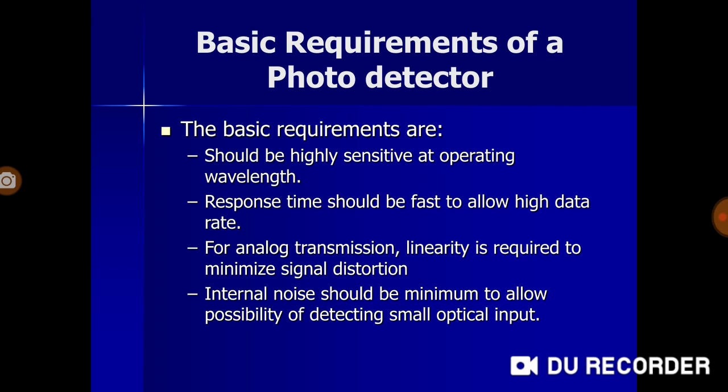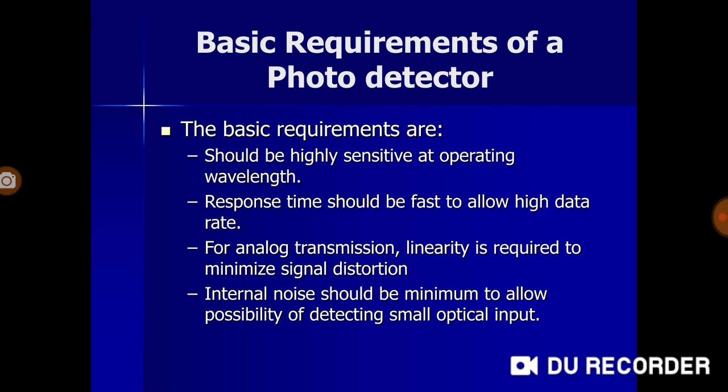If the device itself has huge random thermal noise, then any extra photons falling in will be lost as a part of the noise. Detection of even small-intensity incident light is possible only if the internal noise is low, otherwise the signal won't be recovered at all.